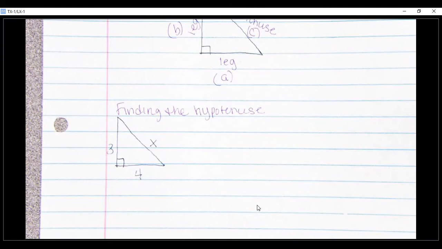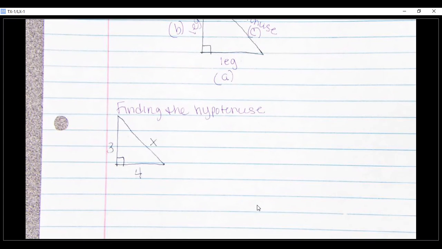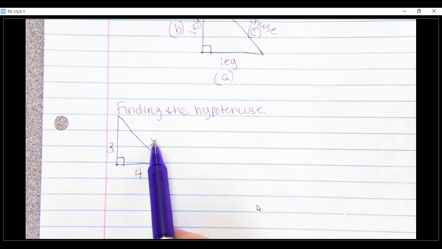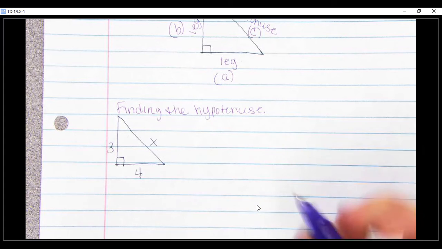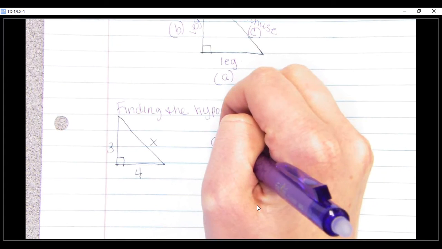So now that we have that down, we can use this equation in order to find the hypotenuse or the leg of the triangle. The first thing we are going to do is find the hypotenuse. In order to do this, we're going to start with step 1, which is identify the a, b, and c given in the problem. In this problem, I have two legs that have numbers with them and a hypotenuse that does not have a number. So I'm going to label my 3 and my 4 as a and b.